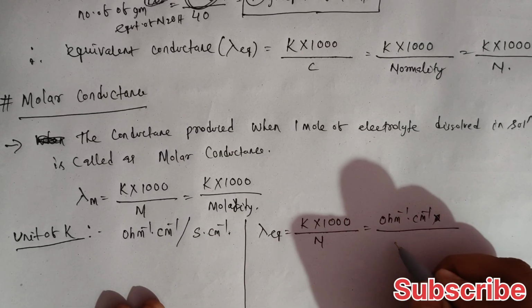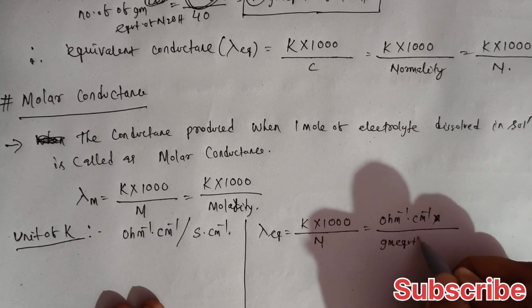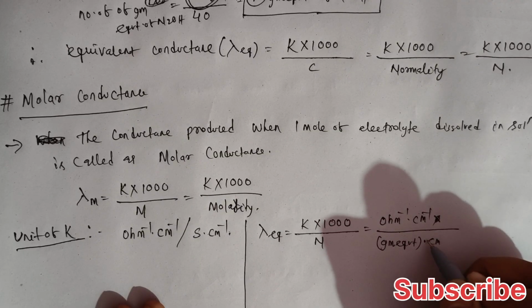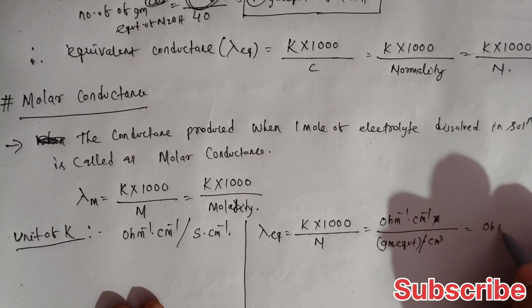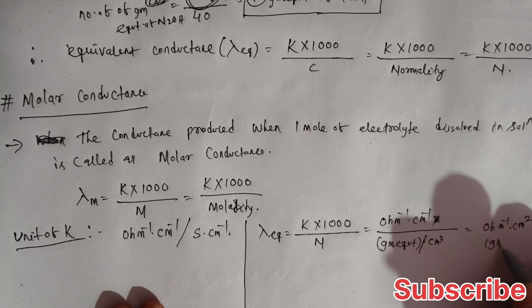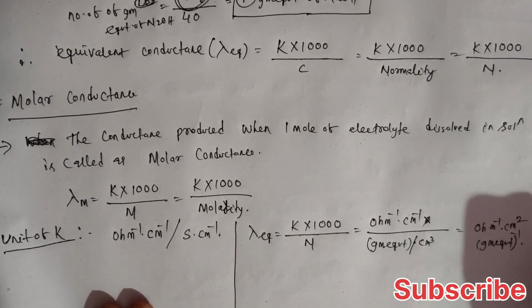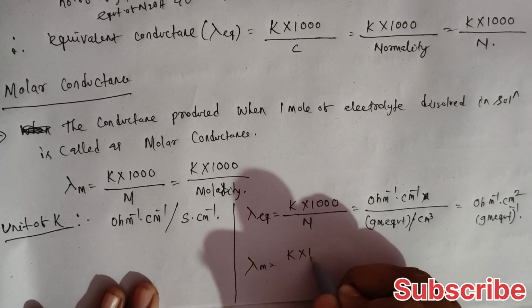Normality unit is gram equivalent per liter, and per liter means per centimeter cube. That means it must be ohm inverse centimeter square gram equivalent inverse. So this is the unit of equivalent conductance.